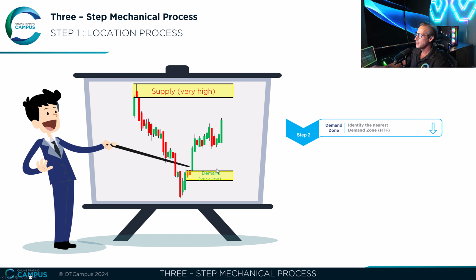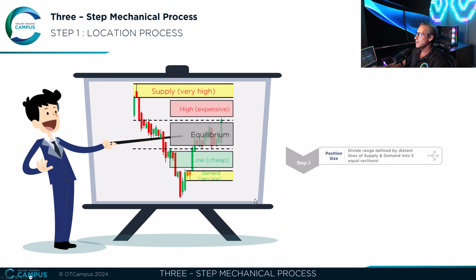Step 2, now you identify demand. And again, the same rules apply as when identifying supply. You use the freshness rules that we just talked about. Now you split, and this is where you see it here.